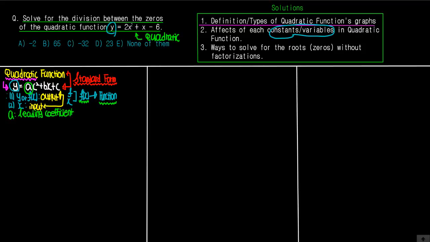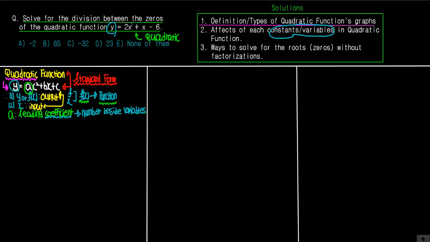We know what a coefficient is in our quadratic function. A coefficient is a number, defined as a number beside variables. And we know what variables are.